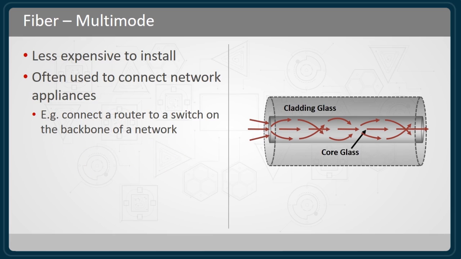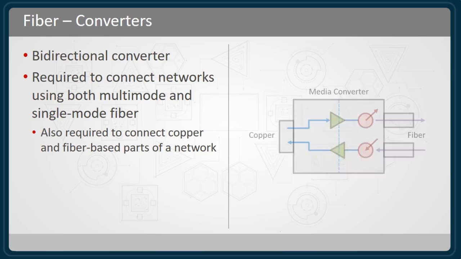But that's fine, because it's less expensive to install. It's often used to connect network appliances, such as connecting a router to a switch on the backbone of a network. So we are much more into the LAN environment here. So the amount of reflection that happens can reduce the overall bandwidth, but it's fine for shorter distances.